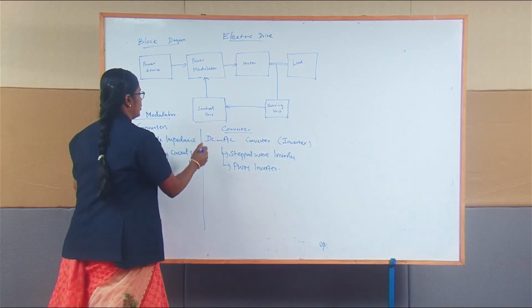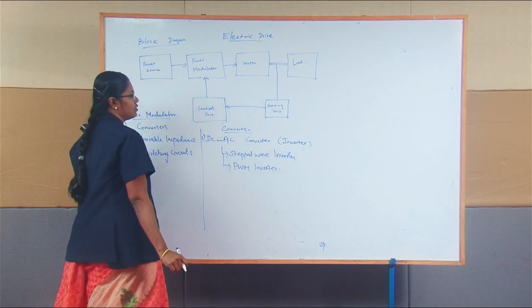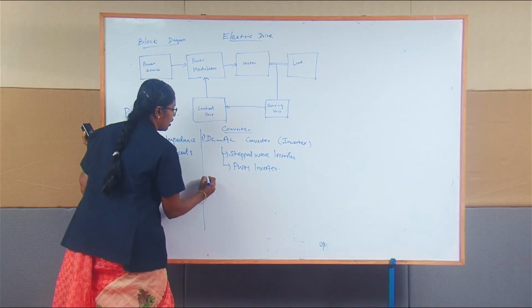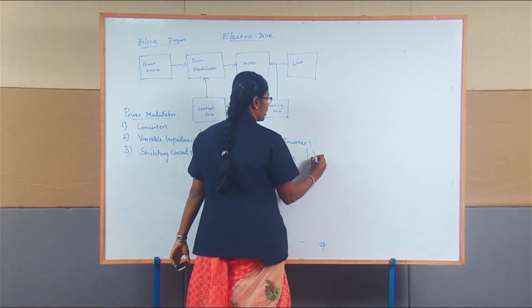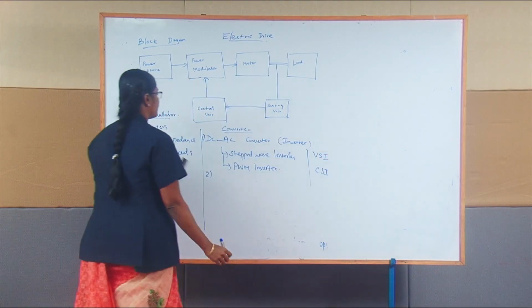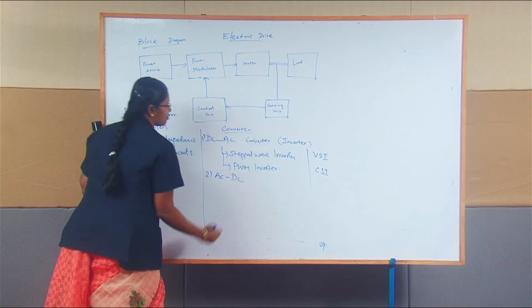So the design engineer has to choose a proper power modulator for designing a drive system. Other types of inverters are also available, voltage source inverter, current source inverter and so on. The next type of converter is AC to DC, right?